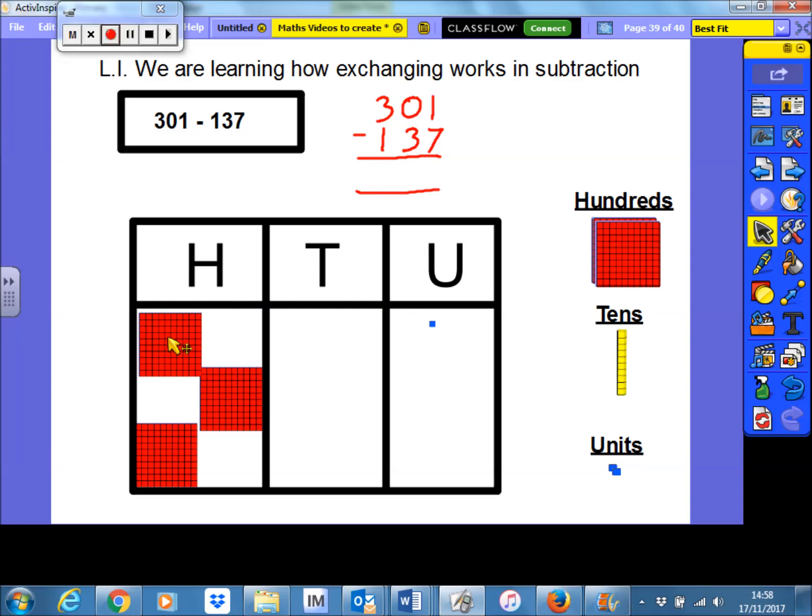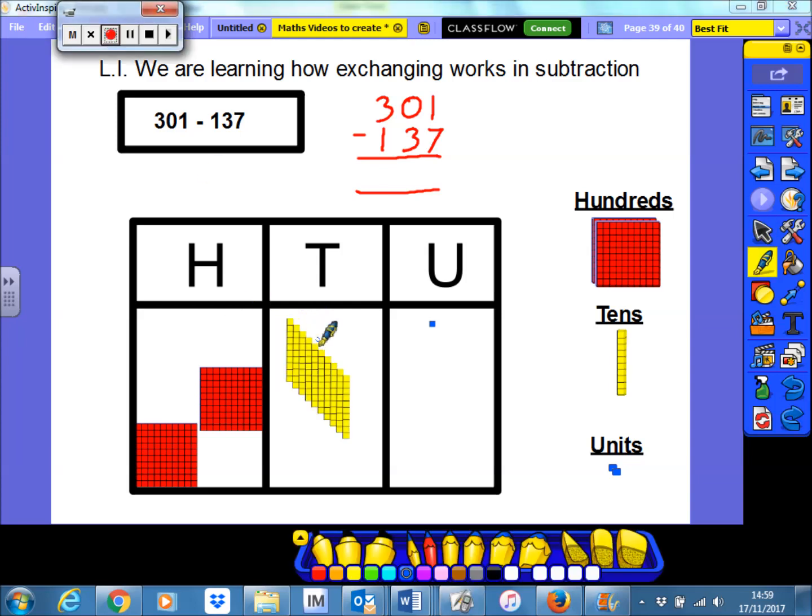And we're going to start off by changing this 100 for 10 tens. So we've moved the 100 into the tens column, and in the formal version of the sum, it looks something like that. We've taken 100 out and moved or changed it for 10 tens.